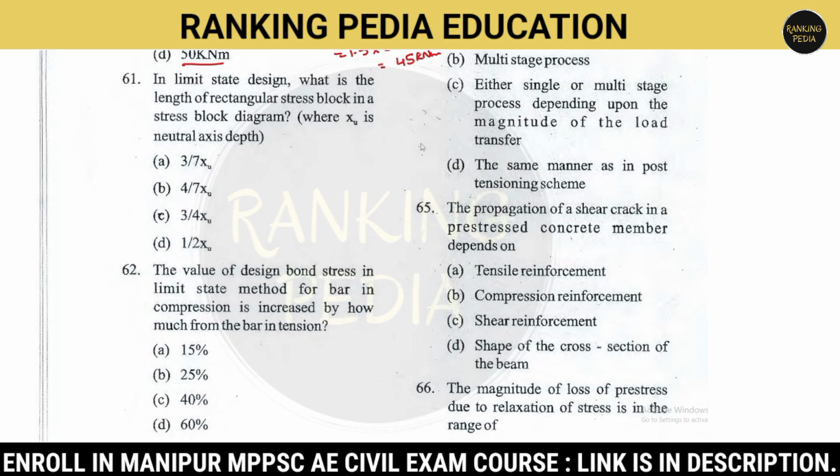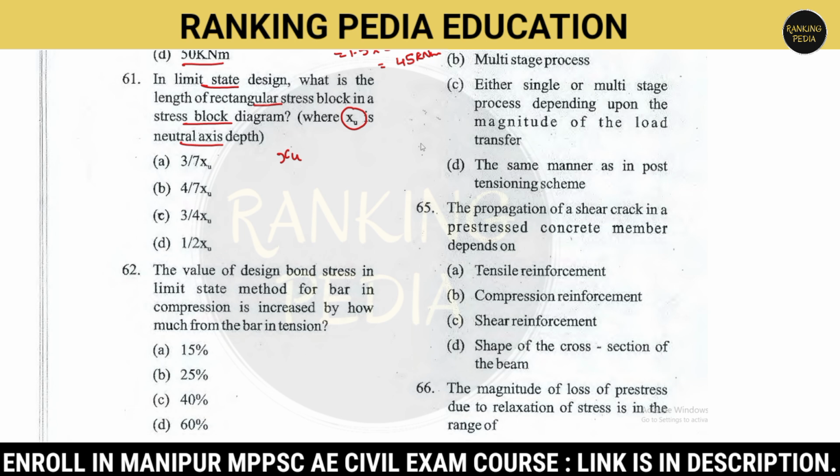In limit state design, what is the length of the rectangular stress block in a stress block diagram, where Xu is the neutral axis depth? Your options are 3/7 Xu, 4/7 Xu, 3/4 Xu, or 1/2 Xu. The total depth of the neutral axis is denoted by Xu.